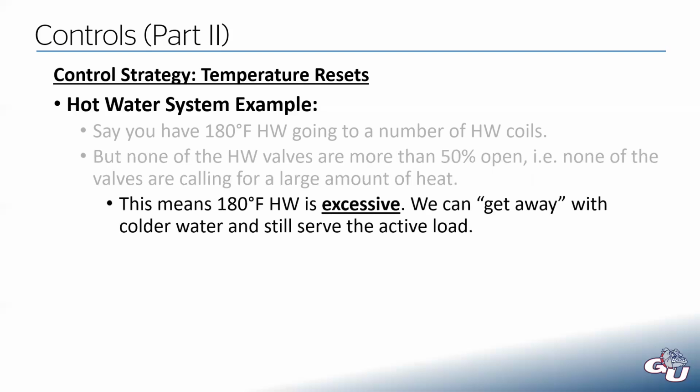What that means is the 180-degree water we're sending out is excessive. We don't need to send 180-degree water because all of our valves are just cranking back, so we can get away with colder water and still serve the load.